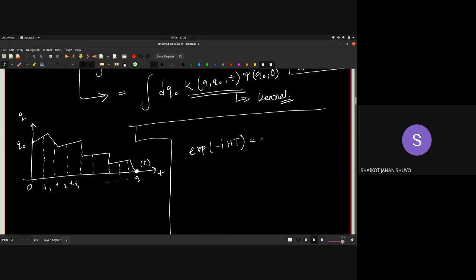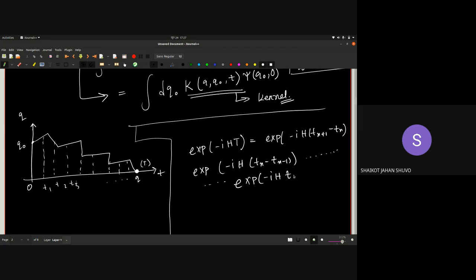And you can break this up as follows: exp negative I h, some n plus 1 step minus n step, times exp negative I h t n minus 1, and you can go up to exp of negative I h t of 1.